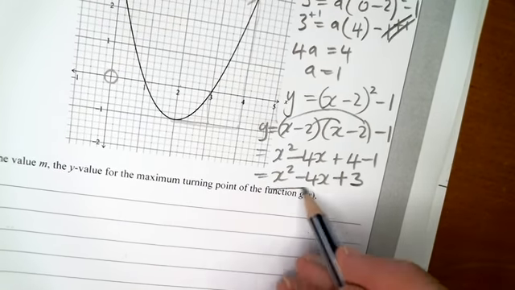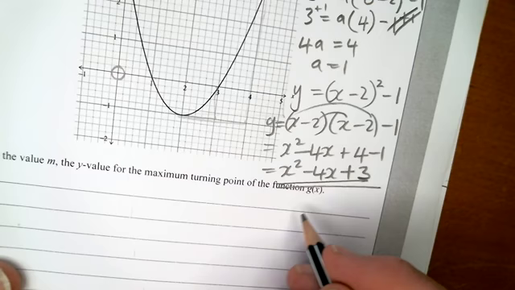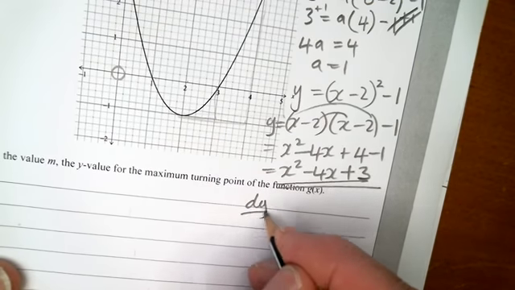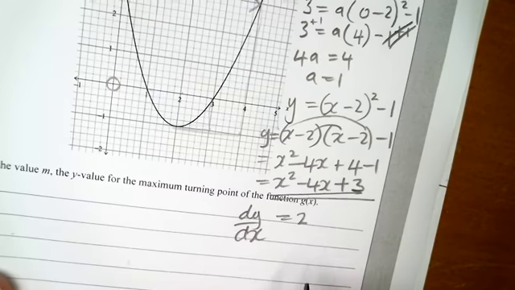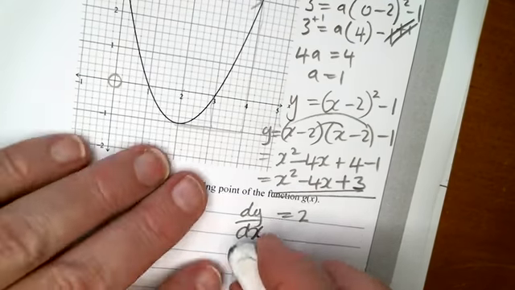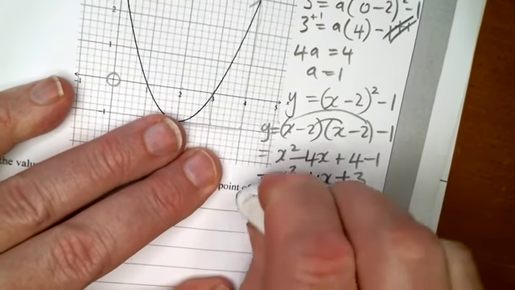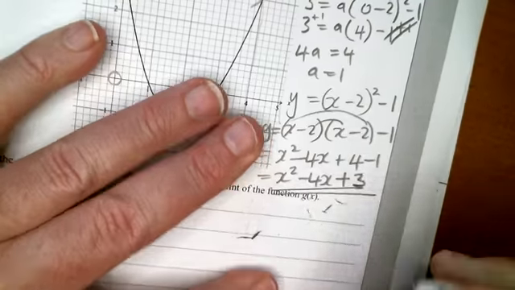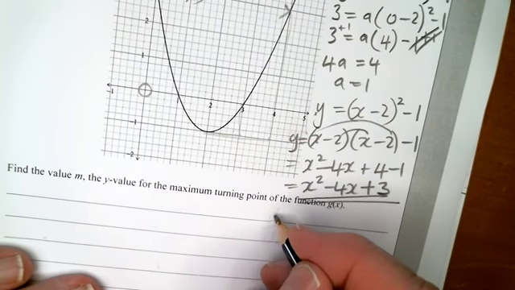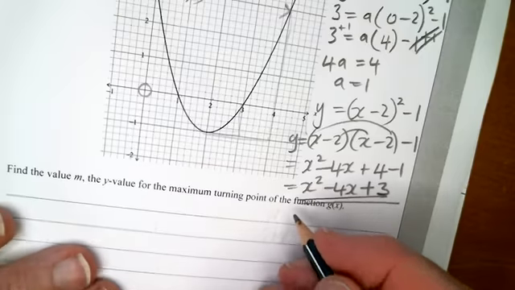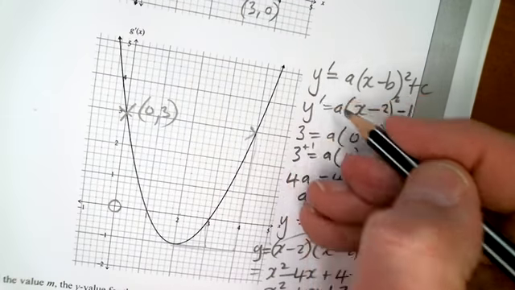Now, we want to find the gradient function of that. So it's going to be dy/dx is going to be 2. Oh, wait. No. We want to find the integral of that. We want to find the antiderivative of that. So let's just call this y dash here.